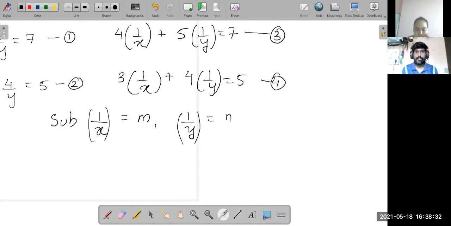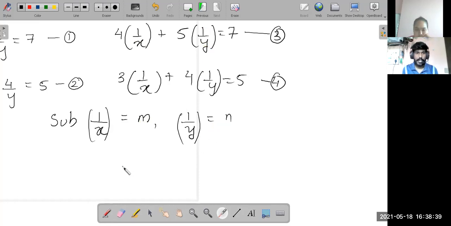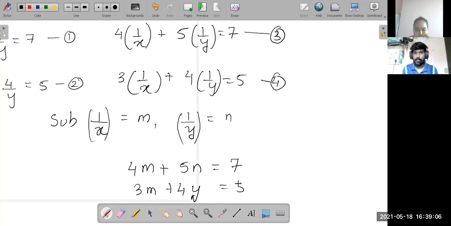In this first equation, in place of 1 upon x, you write m, and in place of 1 upon y, you write n. So you'll have 4m plus 5n is equal to 7. Do the same thing for the second equation. In place of 1 upon x, substitute m, and in place of 1 upon y, substitute n. So you will have 3m plus 4n is equal to 5.